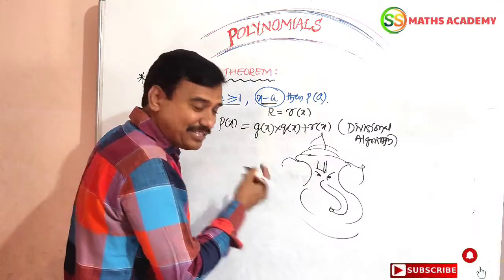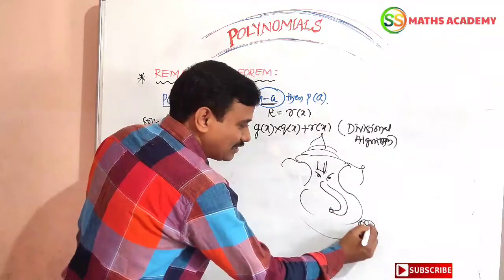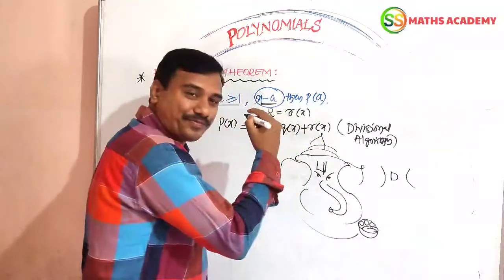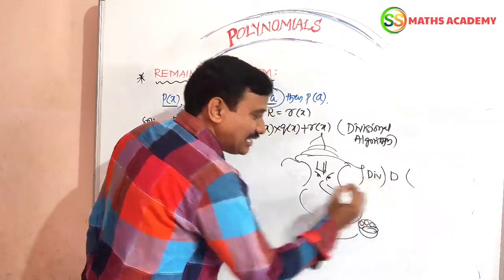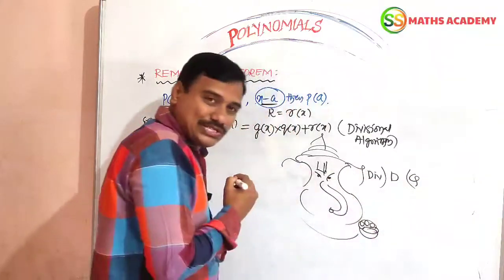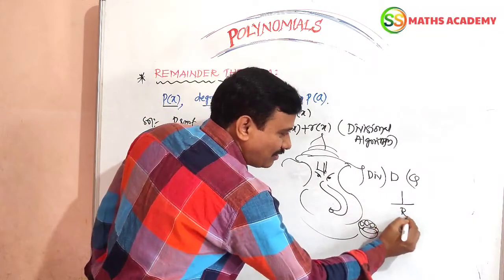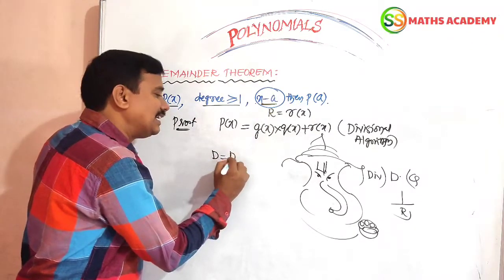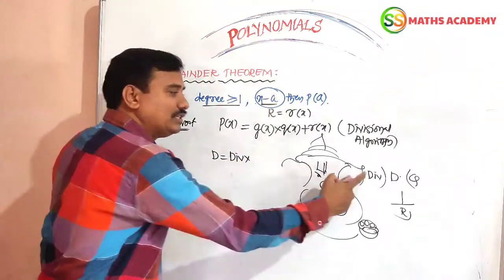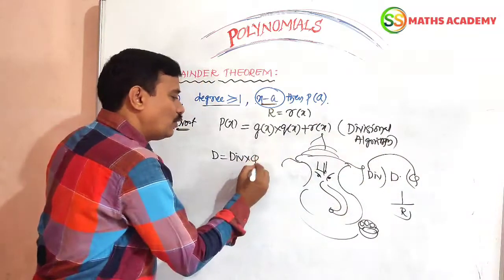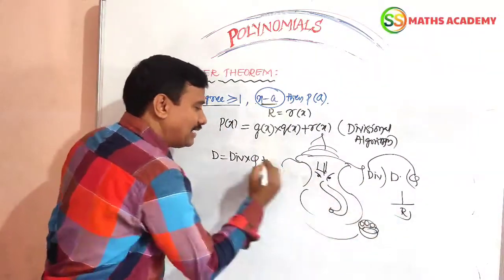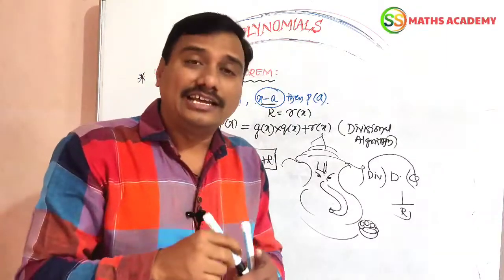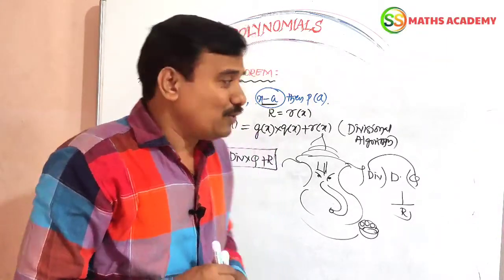This is called the dividend, this is called the divisor, this is called the quotient, and the down part is called the remainder. Dividend equals divisor into quotient plus remainder. Simply we can say this is the traditional division algorithm.